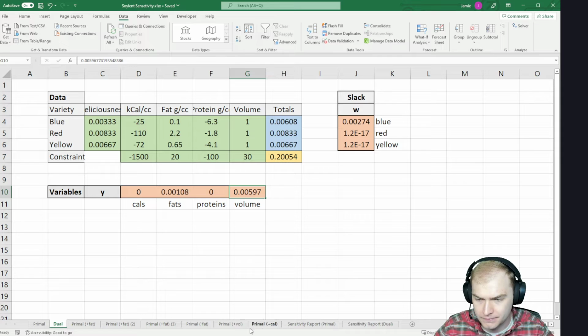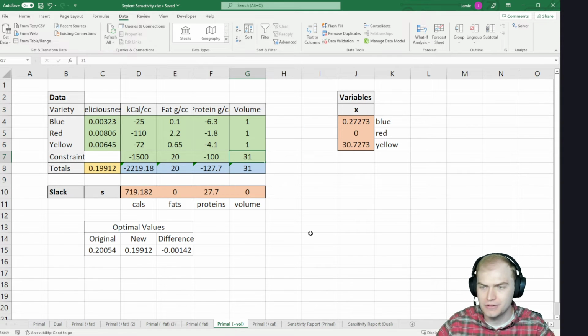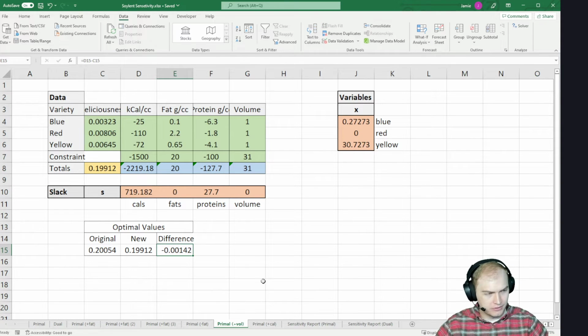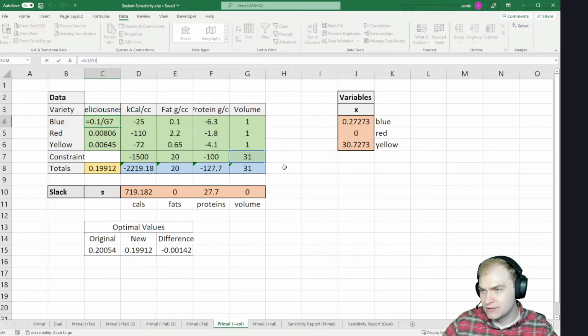But when I added a volume, I got a different difference. And that's because the deliciousness is an average, and so it changes with the volume. And so this sort of relationship is not strictly linear.